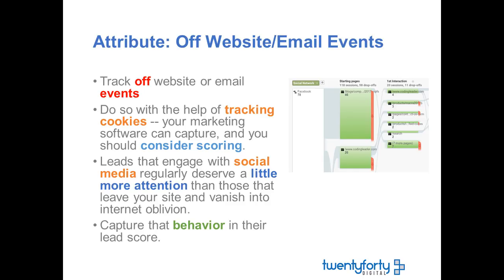Using tracking cookies, you can bring in and understand where that group of people or that person was prior to coming to your website and also track them in what they're doing after. This most directly relates to social media, where you're using that cookie to see if they are actually engaging with you in some way, or they're promoting you in some way, or they are taking some preset action that you want to have included within the lead score model.